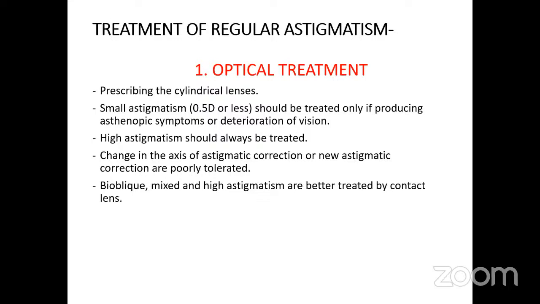Second, in frame size, frame type also, pantoscopic tilt. You know what pantoscopic tilt is? Yes, the tilt of the glass from the temple area. It is preferred for bifocal glasses, but otherwise it should be less in monofocal glasses. There should be 3 to 5 degrees of tilt inferiorly towards the cheekbone.